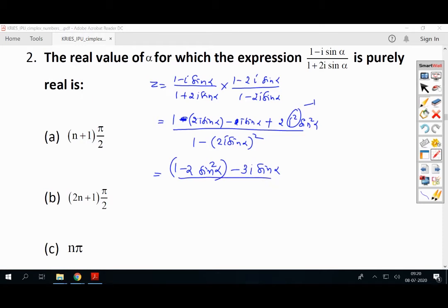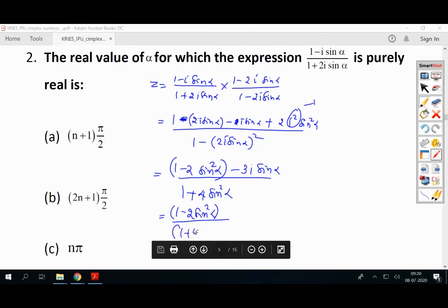Now I write this in the standard form: (1 minus 2 sin squared alpha) divided by (1 plus 4 sin squared alpha), plus i into minus 3 sin alpha divided by (1 plus 4 sin squared alpha).